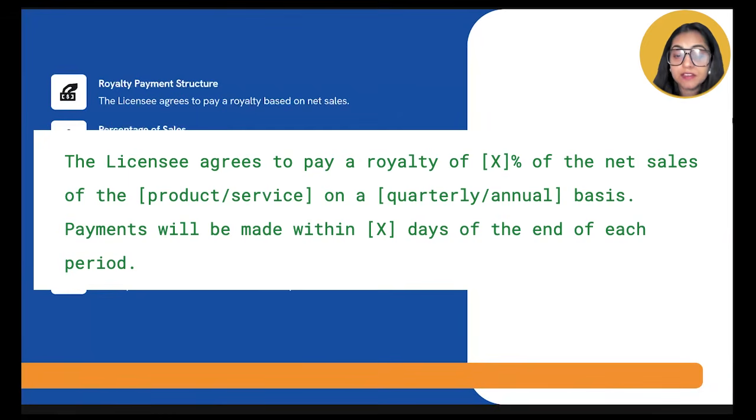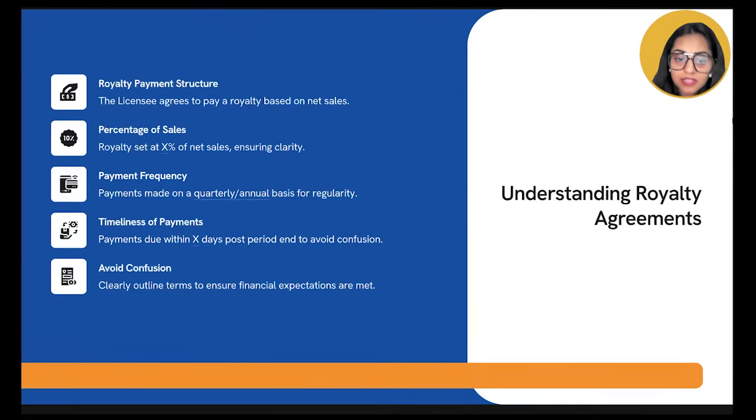The licensee agrees to pay a royalty of X percentage of the net sales of the product or service on a quarterly or annual basis. Payments will be made within X days of the end of each period. Now, this is a basic royalty template. By outlining the payment frequency and percentage of sales, you can ensure there is no confusion about financial expectations.